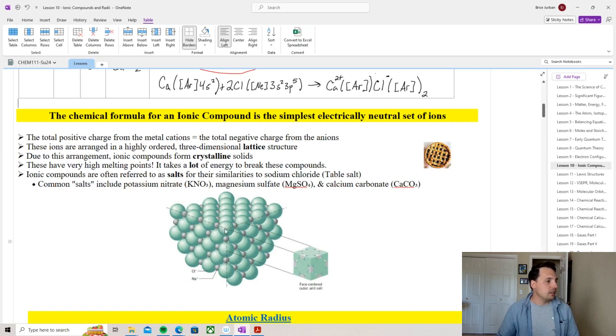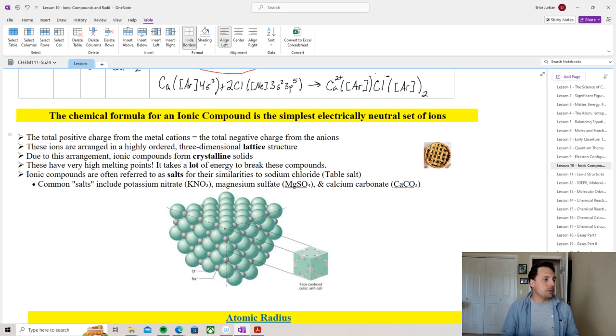And the smaller element here is the sodium ion. And then the larger ion here is the chloride anion. And we'll talk about why the anions are much larger than the cations in just a little bit.